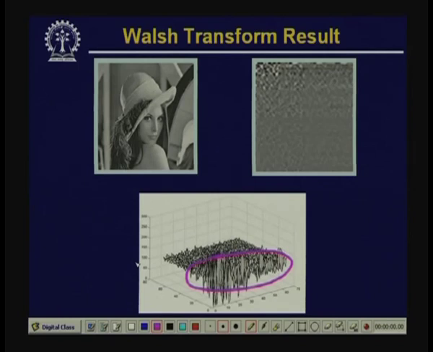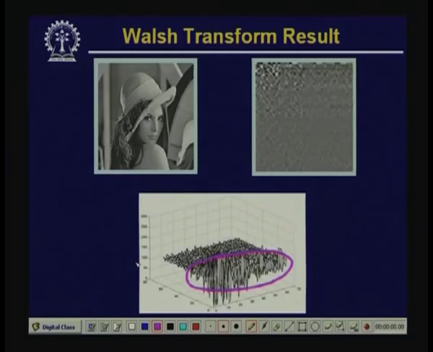And by analyzing the forward as well as the inverse Walsh transform kernels, you can again find out that this Walsh transformation is separable as well as symmetric.